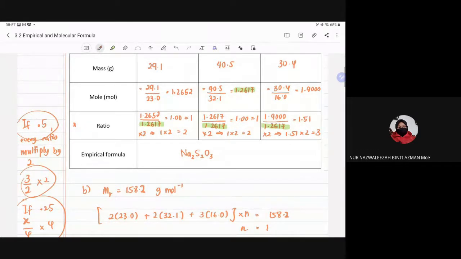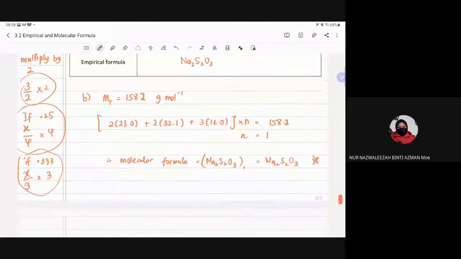Kalau kamu tekan kat kalkulator 1.5, kamu akan dapat 3/2. 3/2 bukanlah nombor bulat. We want to change it into whole number. Pecahan nak tukarkan kepada whole number, kita darab semua sekali ikut nombor dekat bawah tu. Jadi kalau dapat 0.5, kita darab 2 lah sebab dia sama dengan per 2.